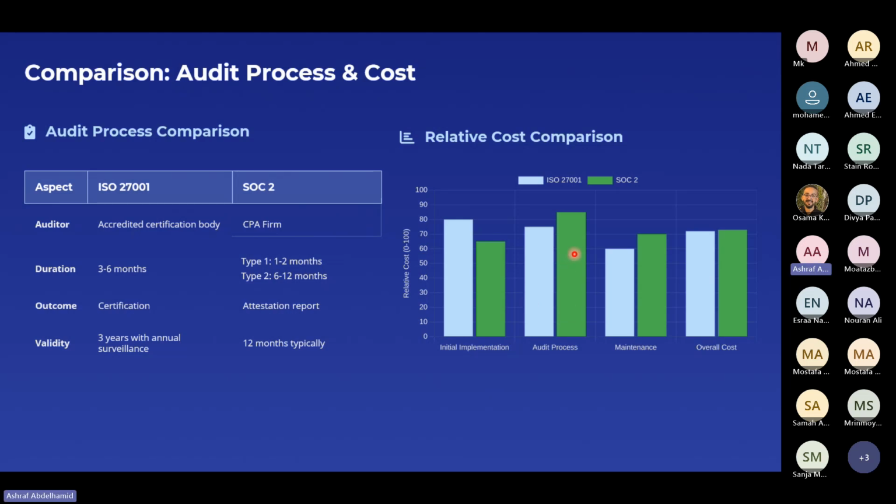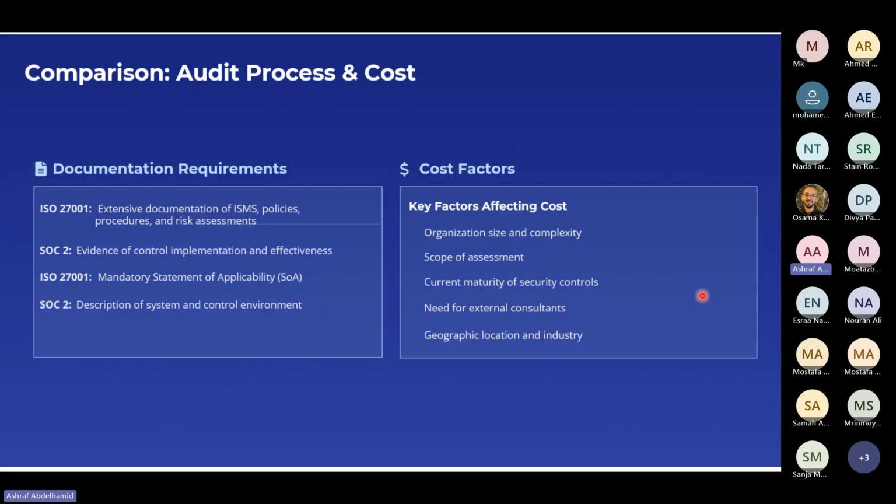Because it focuses on the effectiveness of the controls, so it is an in-depth assessment of the effectiveness of the controls inside the organization. The maintenance is also more for SOC 2, but overall the totals are very close to each other.